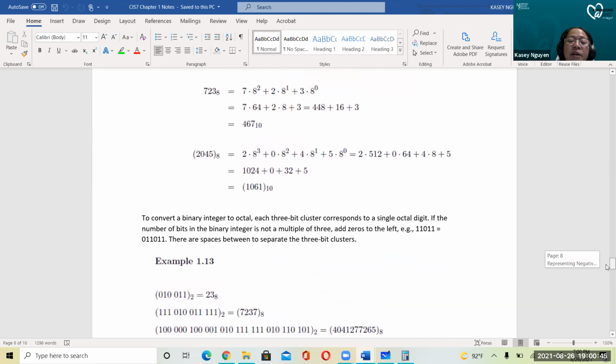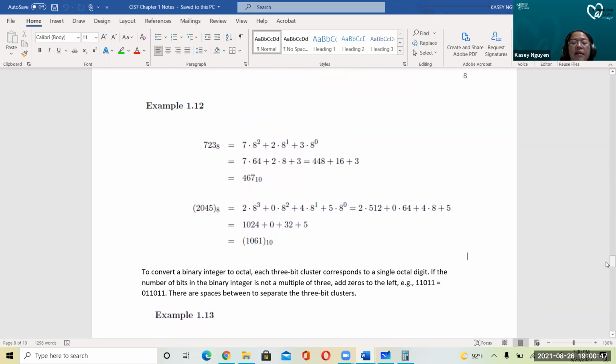Also, we know that octal consists of 3 bits. Like how earlier I showed you the hexadecimal is 4 bits, octal is 3 bits.